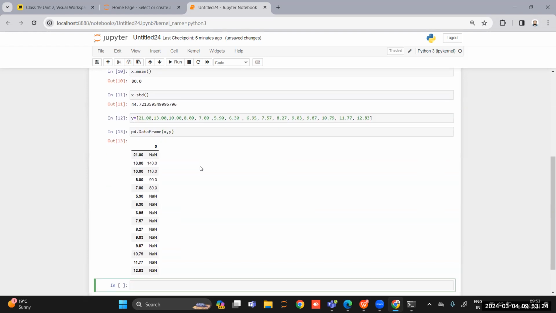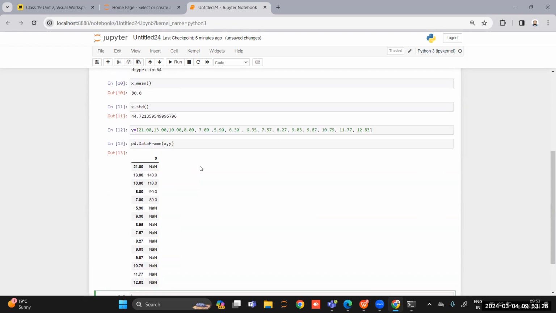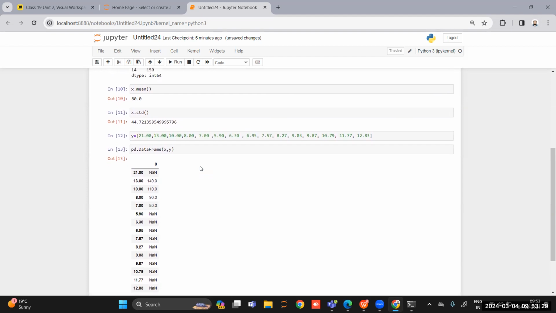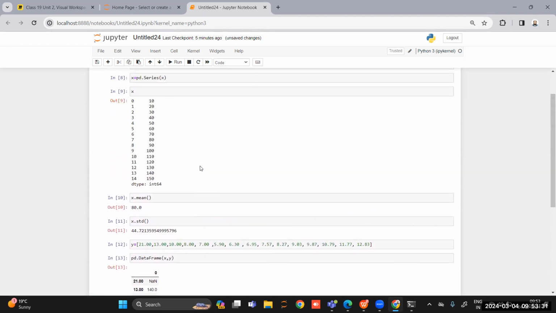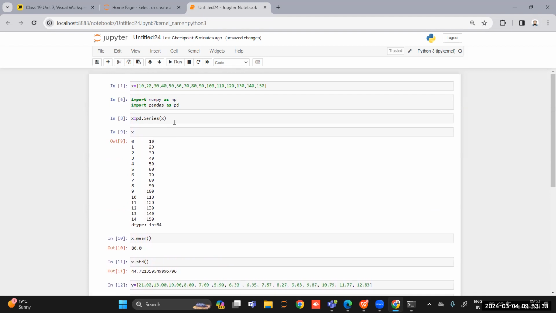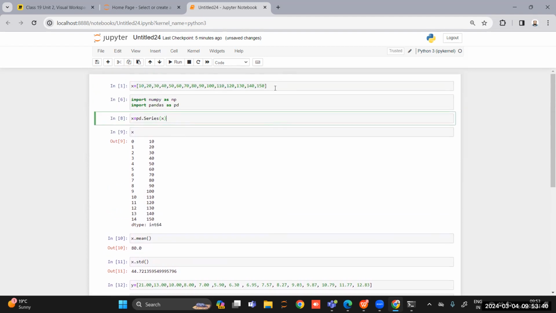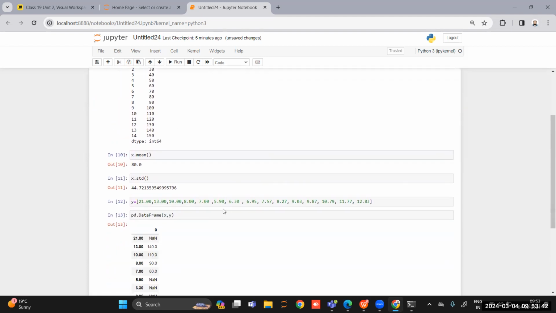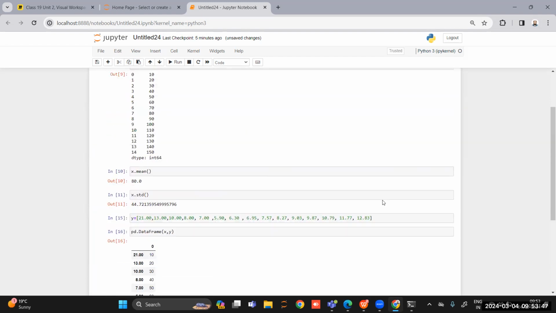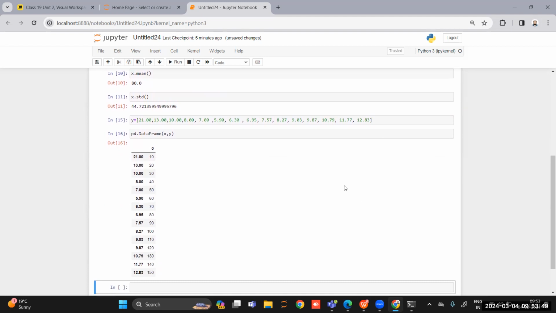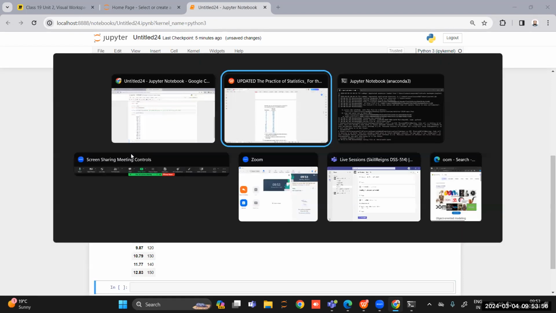x comma y. So it is clear, see, it's the same table that we were looking at here.